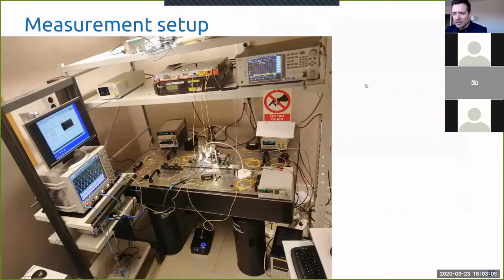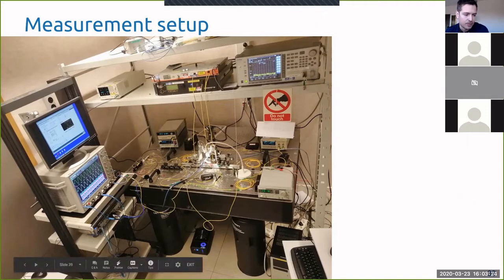So how do we measure this? We basically generate light in a laser. This light is going through an optical fiber and then sent through a modulator. This modulator is driven by an arbitrary waveform generator. So you basically put the bits here on your optical signal. And then the optical signal is sent through an amplifier. The amplifier goes to the chip.